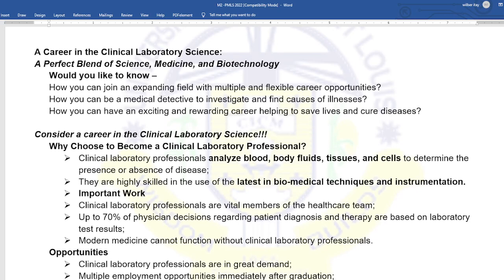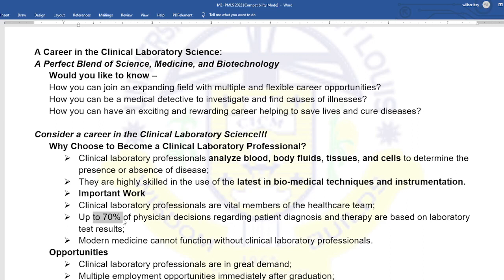Take note of this one also, up to 70% of physicians' decisions regarding patient diagnosis and therapy are based on laboratory test results. So, guys, I want to emphasize that not all physicians direct patients to have their blood, body tissues, or body fluids tested in the laboratory.